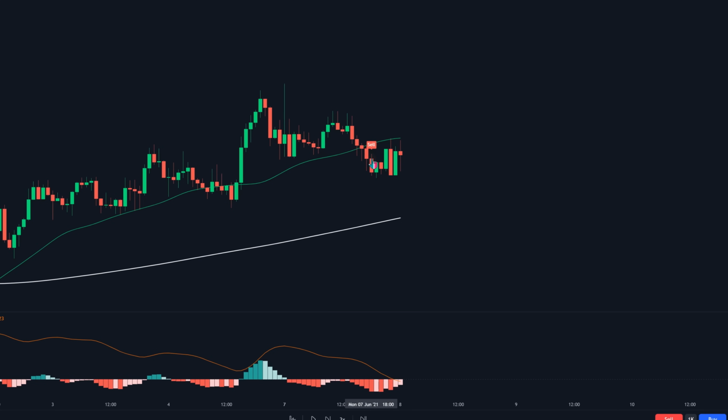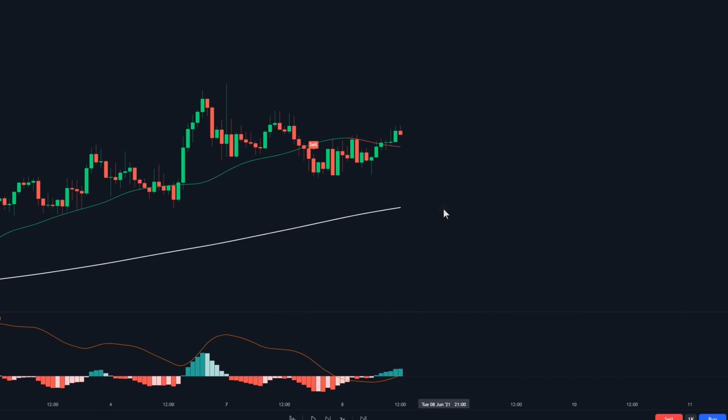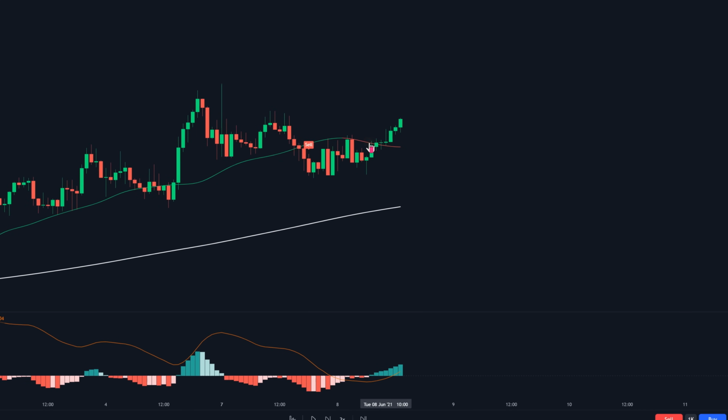Third, we need a pullback to occur. For that, we need this green line to change color to red to confirm the pullback. Now, an important thing to remember is that during this pullback, basically from here to here, the price candles should not break and close below this white line. They can touch it with a wick, but they shouldn't break and close below it.